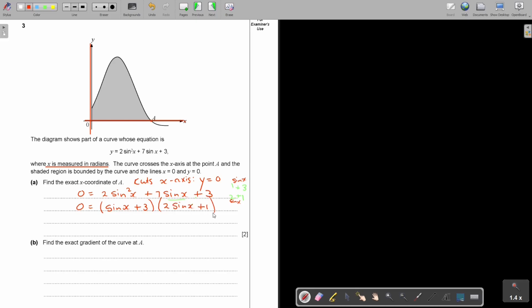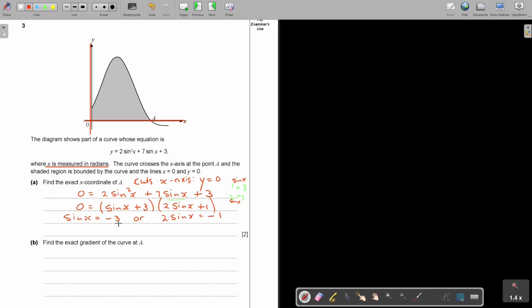Now I'm going to put both equal to 0. So sin x equals negative 3, or 2 sin x equals negative 1.